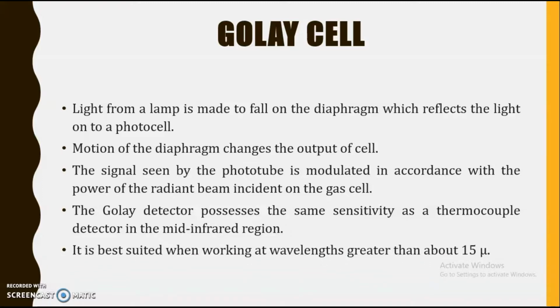It is best suited when working with wavelengths greater than about 15 micron. So this is the speciality of the Golay cell, which is widely used as a detector in the IR spectrophotometer because of its sensitivity as well as accuracy. The Golay cell is more expensive and bulky.